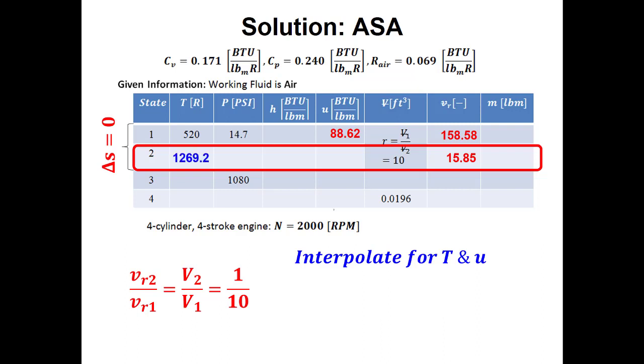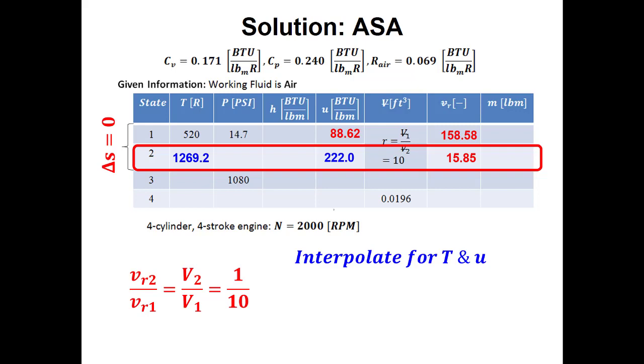Now I'm going to interpolate on table A22. I'll find the temperature and the specific internal energy. Here we're compressing the fluid, so it makes sense that the specific internal energy went up. We're putting work in to increase the specific internal energy, and that's what happened.